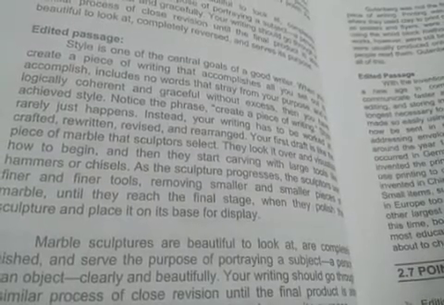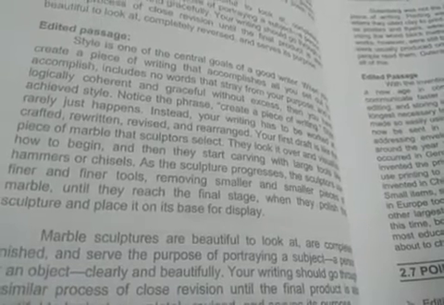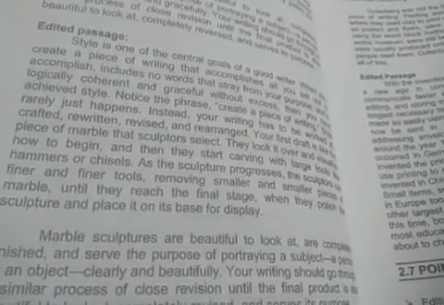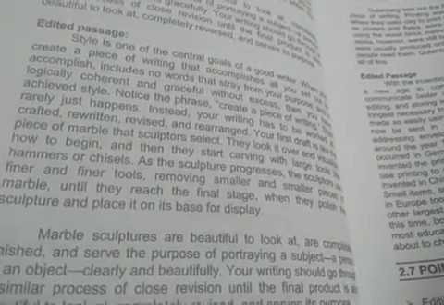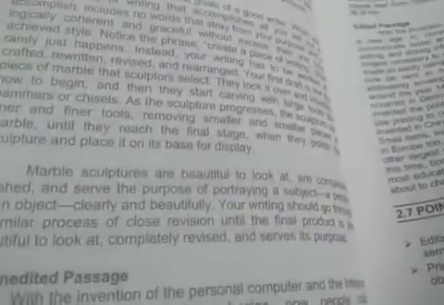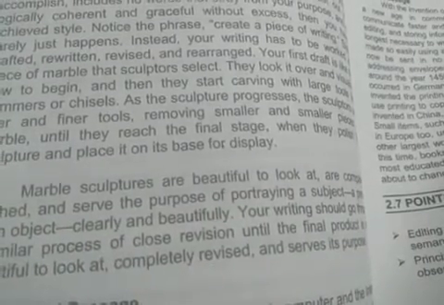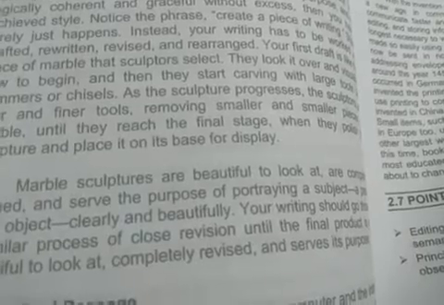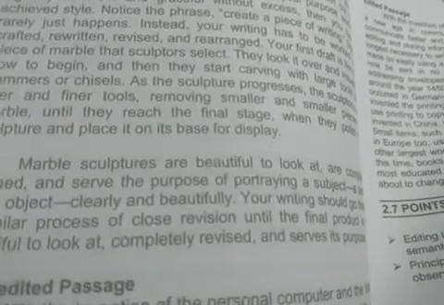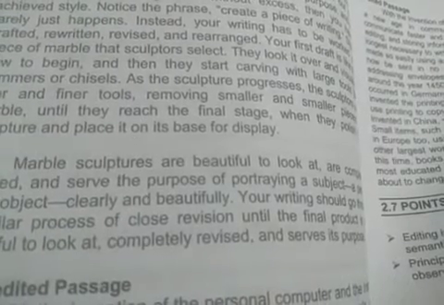Your first draft is like the piece of marble that sculptors select. They look it over and visualize how to begin, and then they start carving with large tools like hammers and chisels. As the sculpture progresses, the sculptors use finer and finer tools, removing smaller and smaller pieces of marble until they reach the final stage, when they polish the sculpture and place it on its base for display.